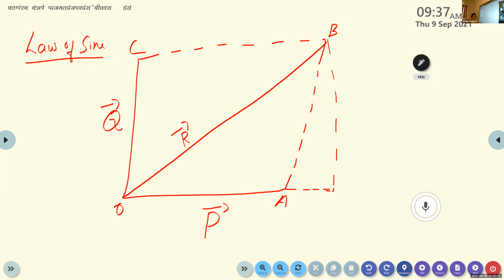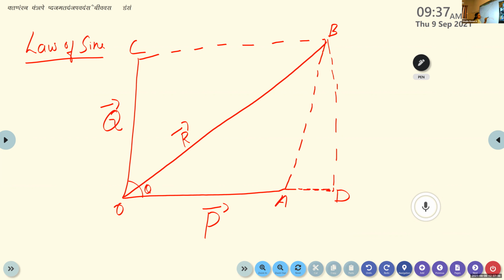And in order to find out the magnitude and direction of the resultant vector, here we make an extension to this OA and draw a line that is perpendicular to this OA, and this coincides at this point D. And vector P and vector Q are inclined at an angle theta.